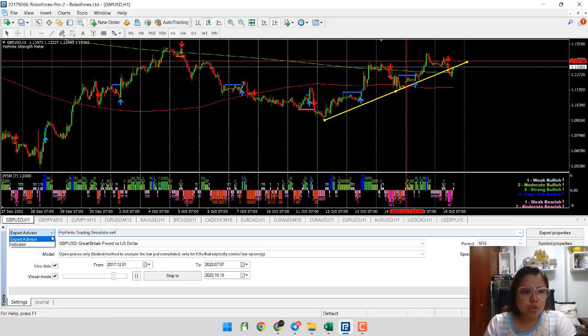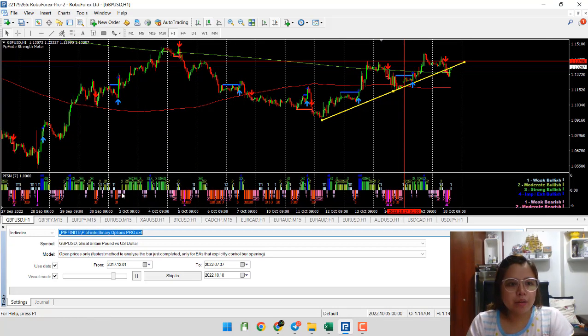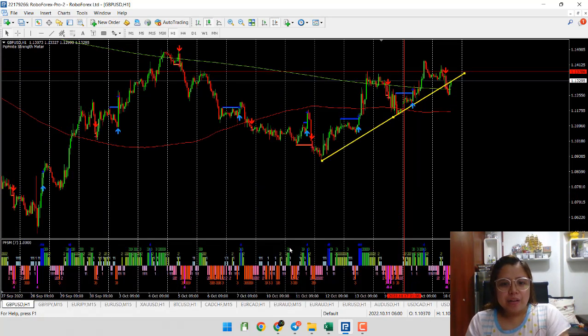So you just need to choose indicator if it's an indicator, and then expert advisor if it's an expert advisor. So first of all, you can test all your Pipfinite tools right here and then conduct your back testing, right? So after testing, if you would want to keep it hidden, all you have to do is just click again on Control plus R. Okay.